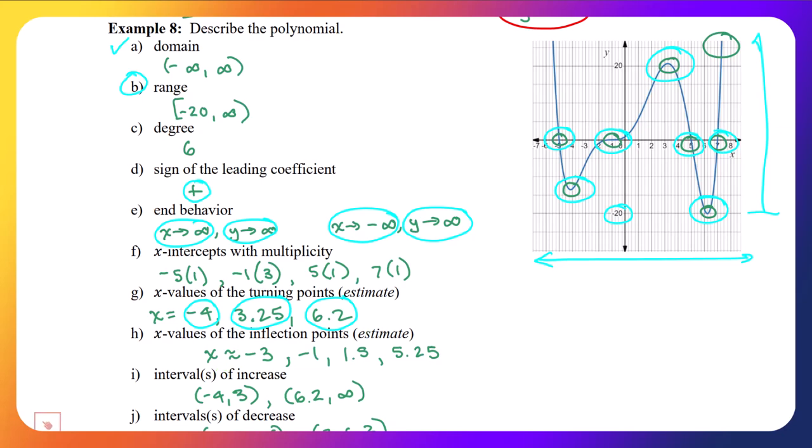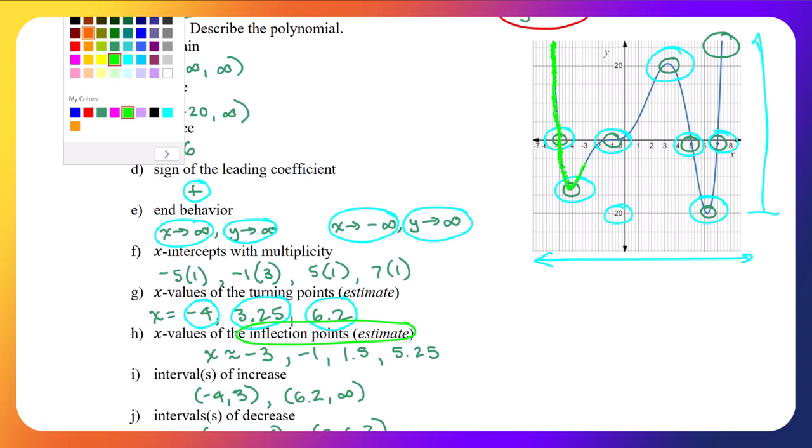Now for the inflection points. So here, we're driving the car, making slight left turns to stay on the graph. Then we make a sharp left turn, and about here, we start turning right.